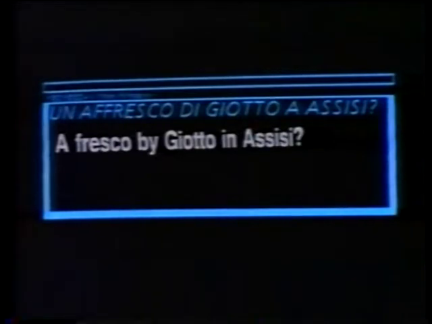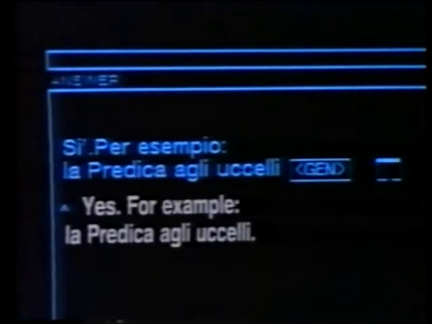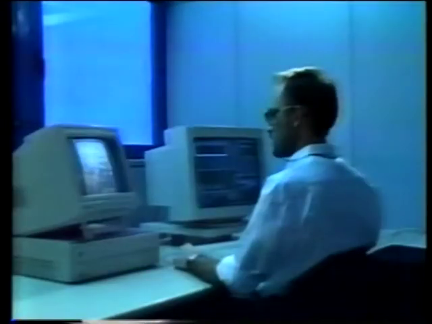This is an elliptical expression, that is, not a complete sentence in Italian. Expressions of this type are used frequently in dialogue. The expression is understood on the basis of the preceding sentence.